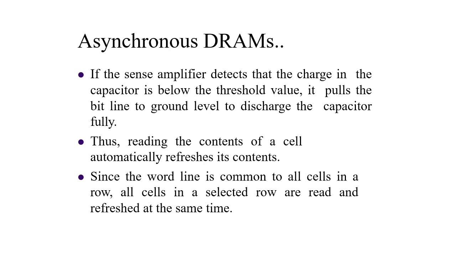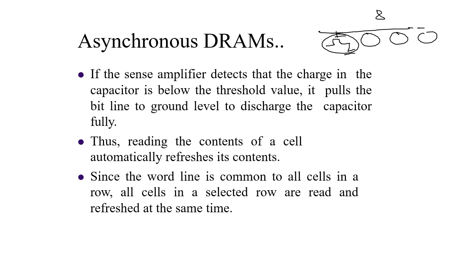So if the capacitor voltage is less than the threshold value, then it means that the data stored in the capacitor is 0. And if the sense amplifier detects that the charge is above the threshold value, it identifies that the data stored in that particular cell is 1. However, the word line is common to all the cells in the row. If you have one row, there will be one cell with the capacitor, and this kind of setup gets repeated.